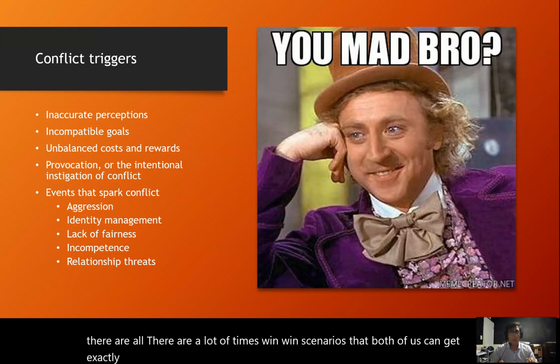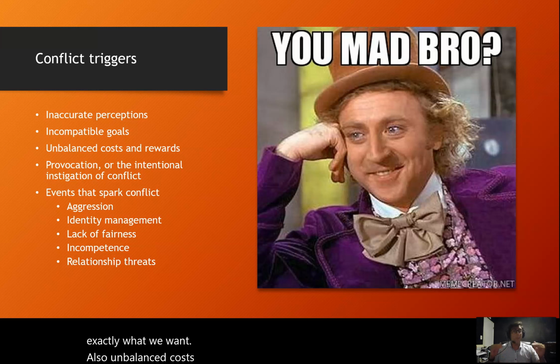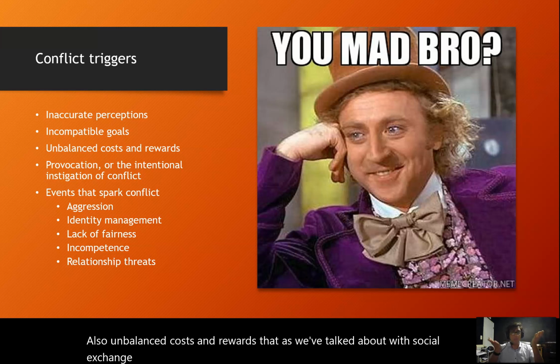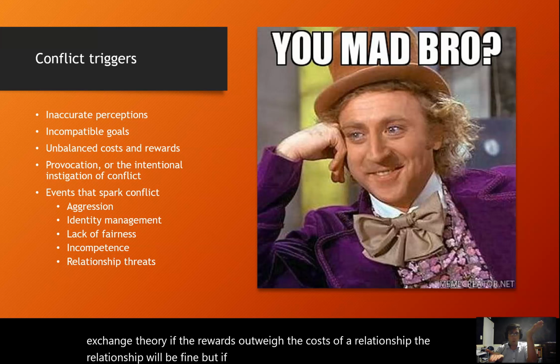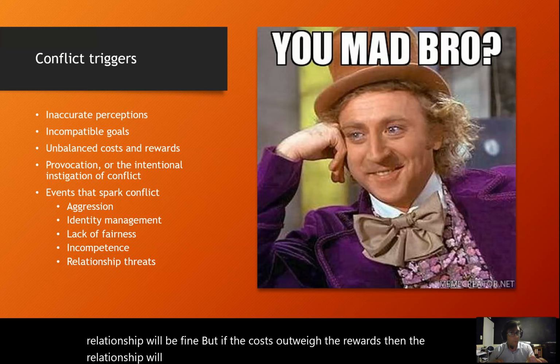we want. Also, unbalanced costs and rewards, that, as we've talked about with social exchange theory, if the rewards outweigh the costs of a relationship, the relationship will be fine. But if the costs outweigh the rewards, then the relationship will inevitably dissolve. And a big reason for that is because conflict tends to emerge more often. And this is a good thing.